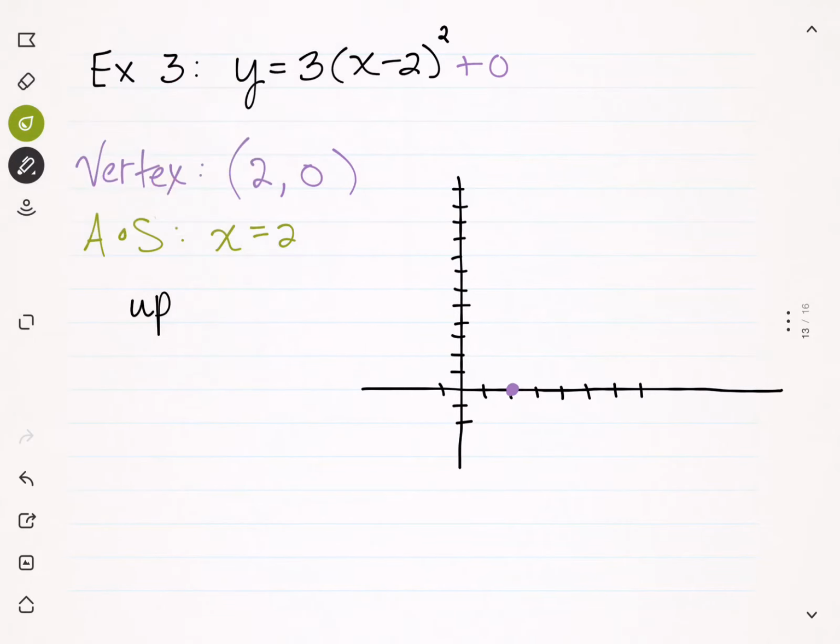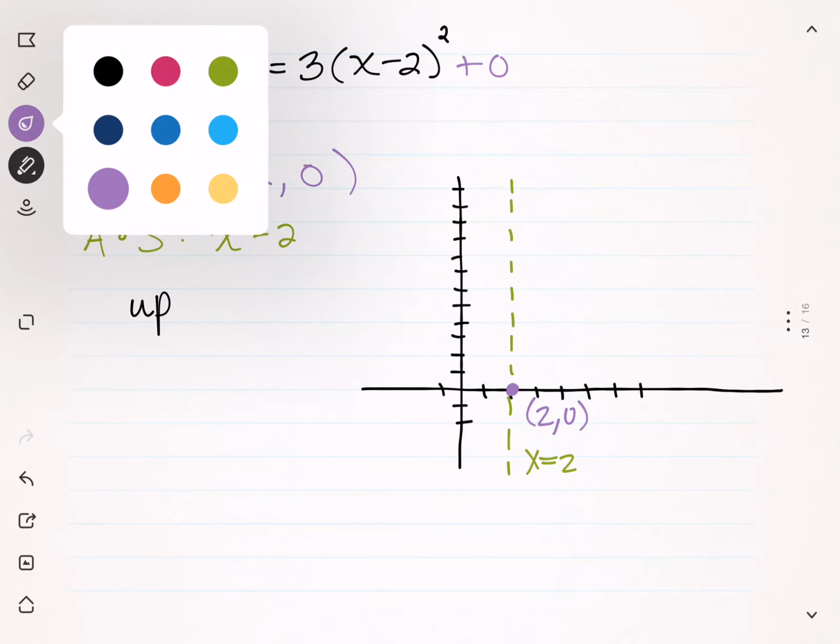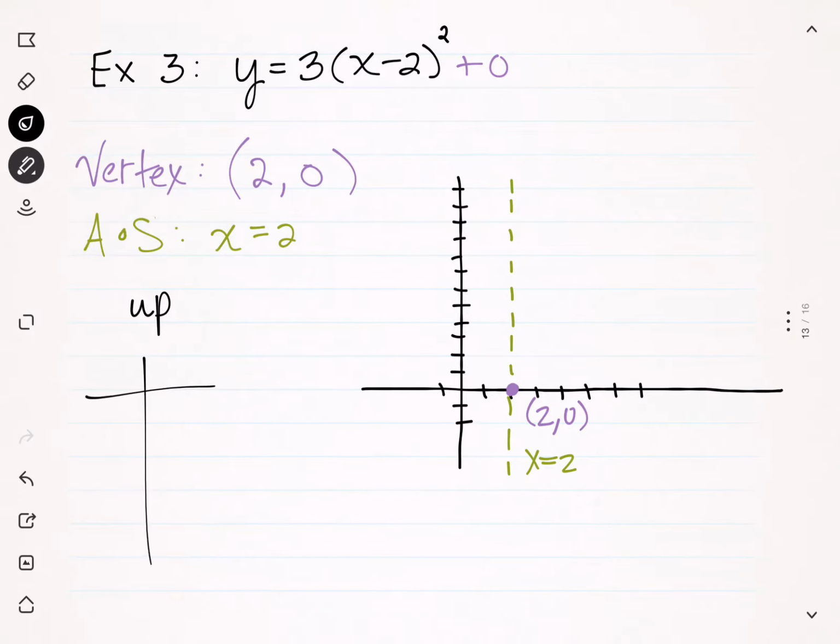My axis of symmetry is going to go right through that vertex. And we're going to label that axis of symmetry x equals 2. We're going to label our vertex as well, 2, 0. Okay? Now we want to choose 2 points to the right of our vertex. So how about 3 and 4? Those points sound good.